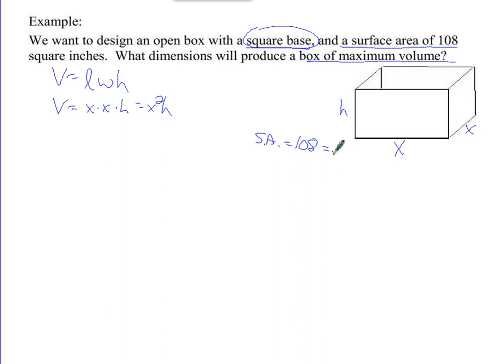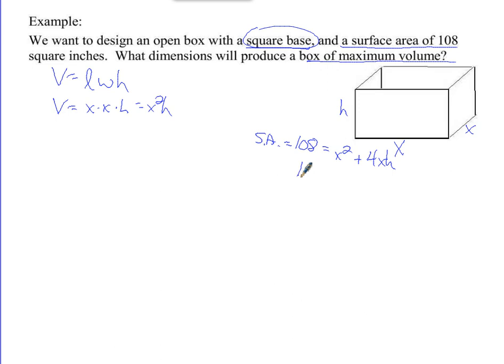Well, I have a base, and then I have 1, 2, 3, 4 sides. What's the area of the base? x squared. And then I'm going to add on the area of all the sides, which is x times h for each one of these sides, but there's 4 of them, so it's going to be plus 4xh. There's your surface area, and now we can just solve for h.